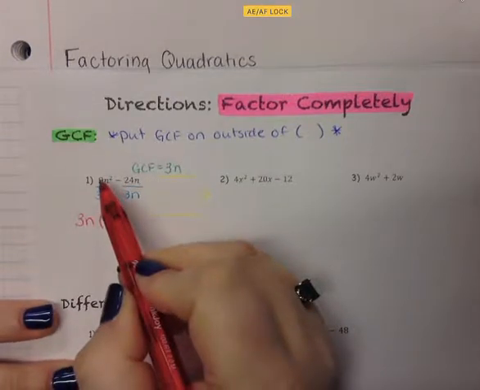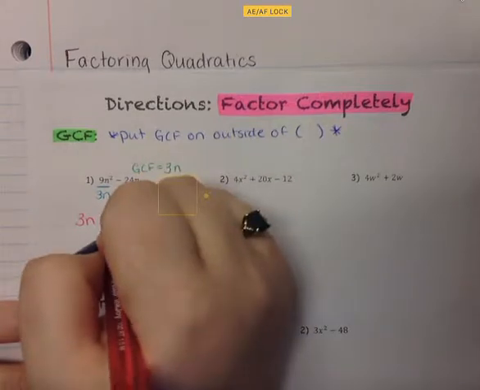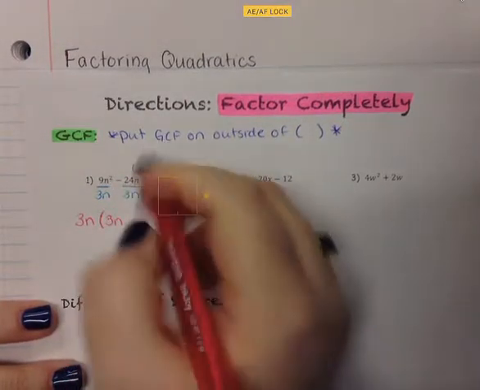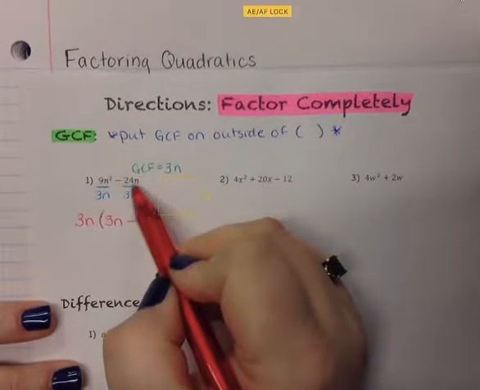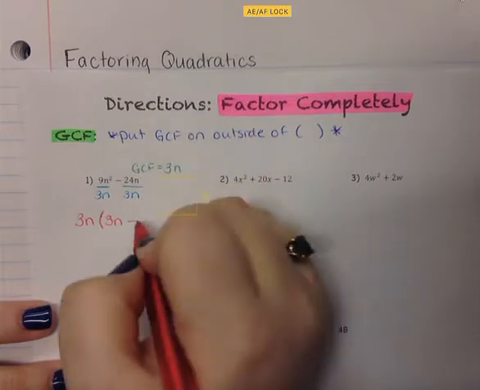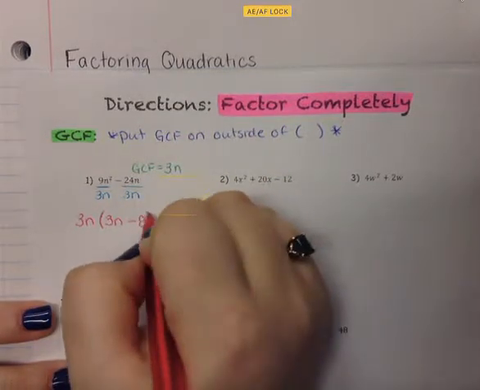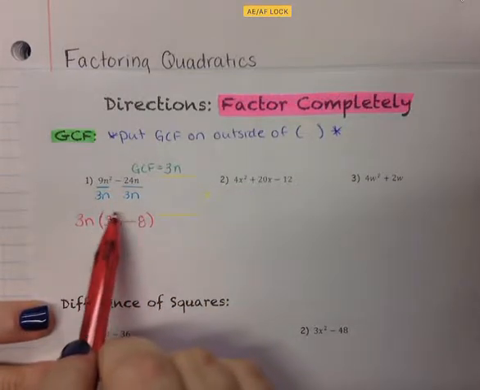Then we divide. 9n squared divided by 3n is 3n. I keep my sign, because a negative divided by a positive is still a negative. 24n divided by 3n is just 8, because I took that n away from the 24. Now, I do have to always look back inside my parentheses.